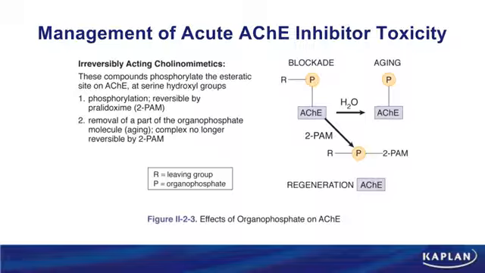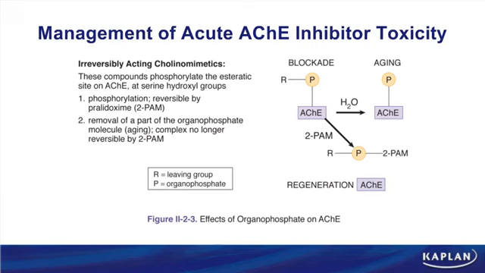When you get right down to it, aging is really a hydrolysis reaction that removes that functional group. You must give pralidoxime before that happens. Give pralidoxime before aging takes place, and pralidoxime can effectively remove the organophosphate from acetylcholinesterase, thereby regenerating the enzyme.